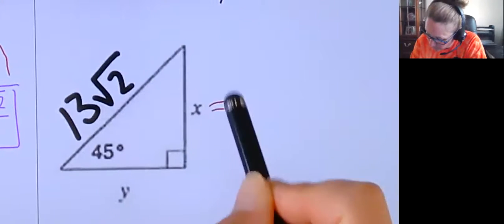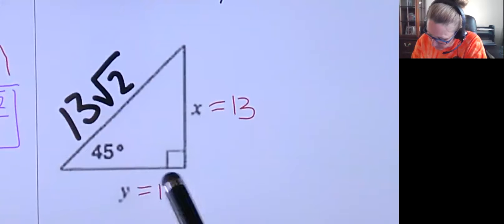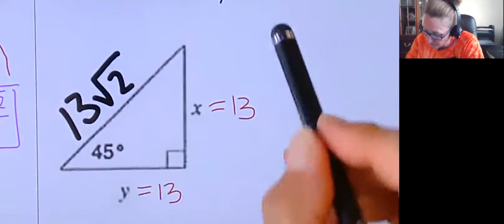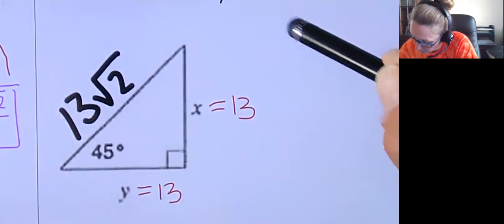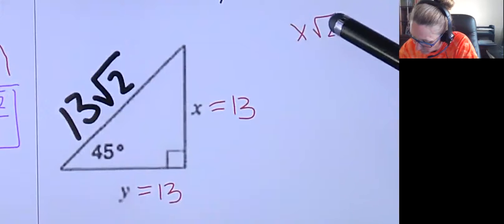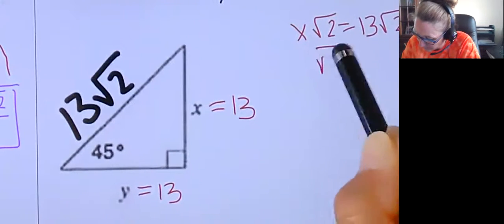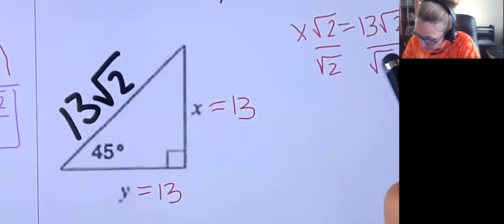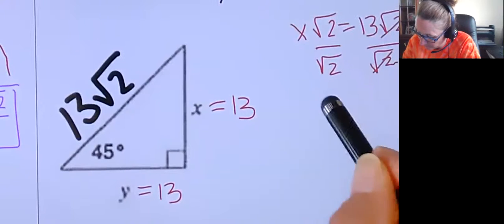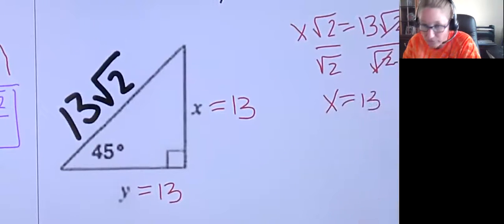So this answer is 13 and this is 13. But again, if you're having trouble, you're going to take your x times root 2 to get the 13 root 2. When I divide both sides by root 2, they're going to cancel out and you're going to get x equal 13.